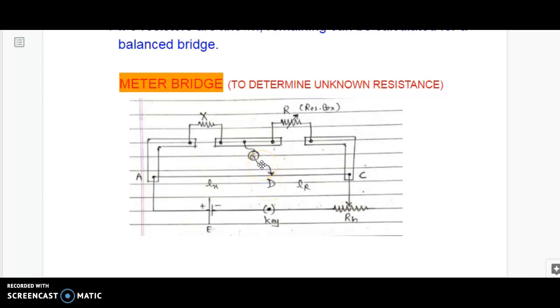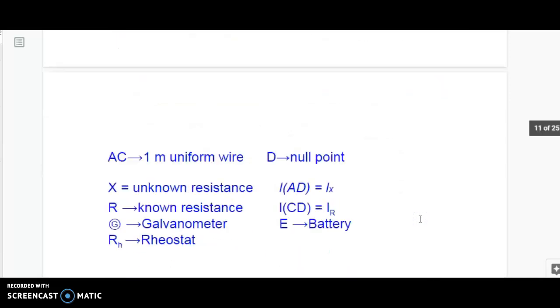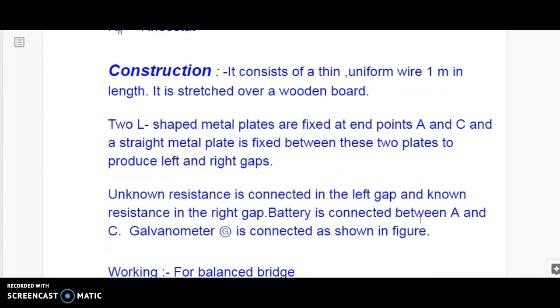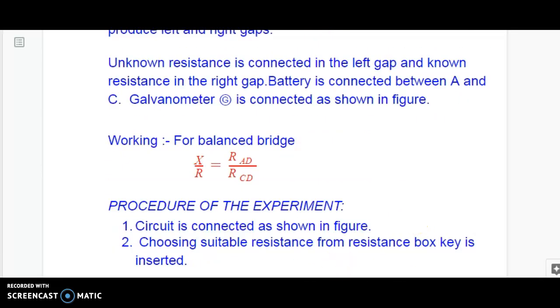In these circumstances, at this particular point, this resistance X divided by this resistance R is equal to resistance of wire AD divided by resistance of wire CD, and that is how you say that the bridge is balanced. So that's the whole idea in this. For balanced bridge you have X upon R is equal to resistance of wire AD divided by resistance of wire CD.